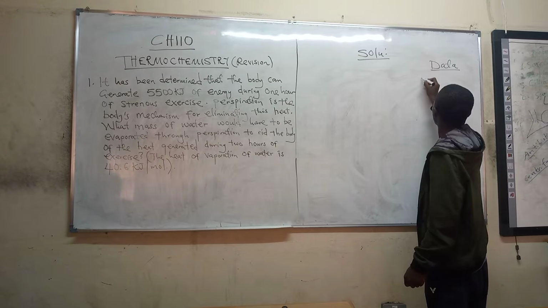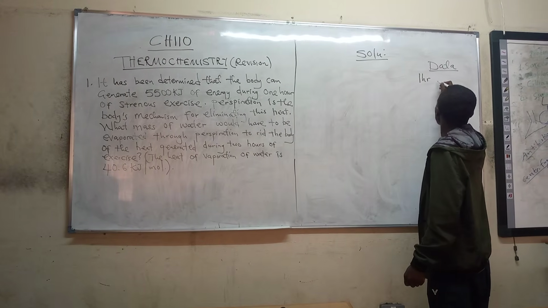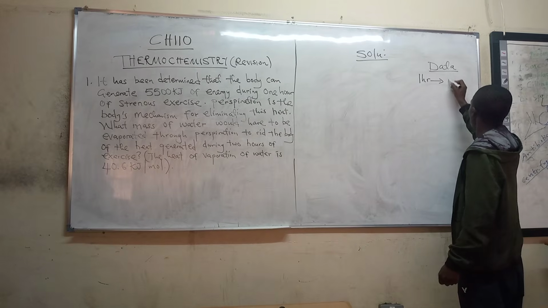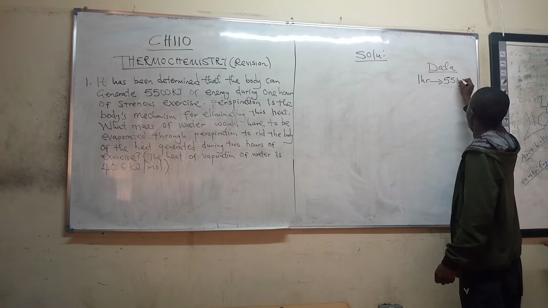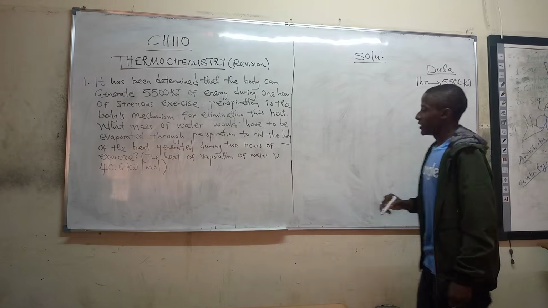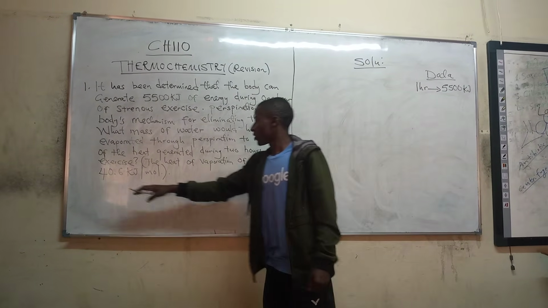So 1 hour was producing the heat, which was equivalent to 5,500 kilojoules.